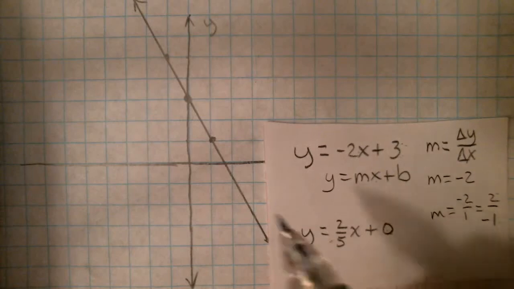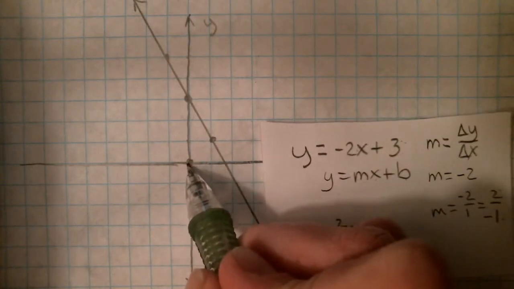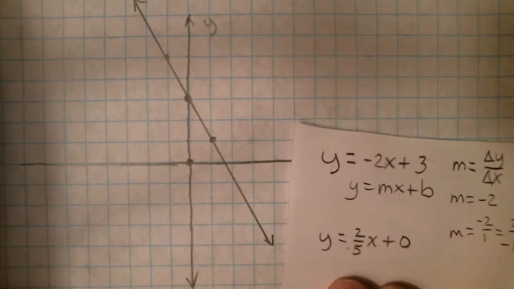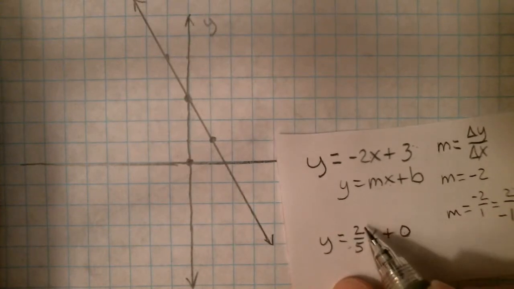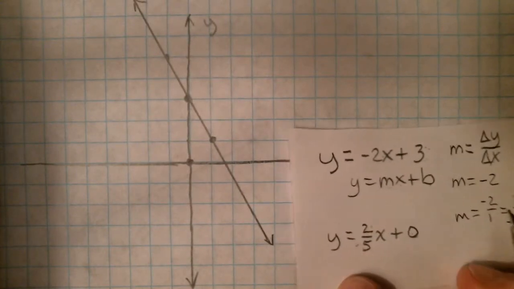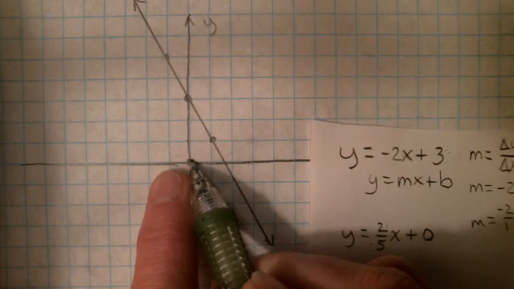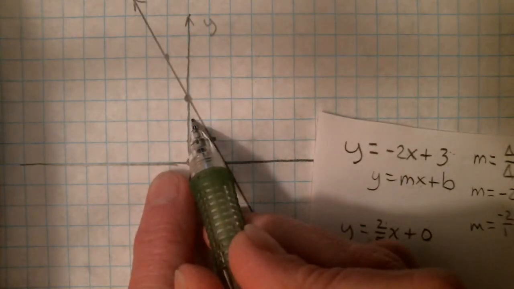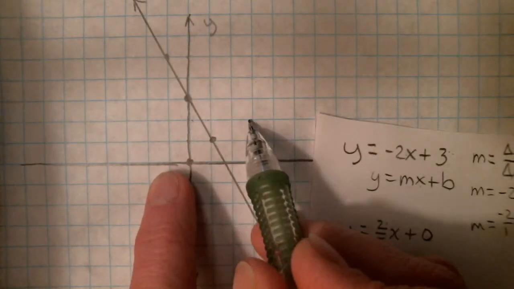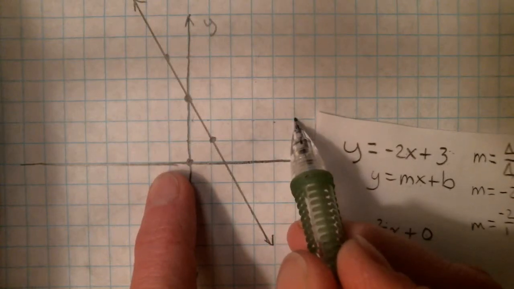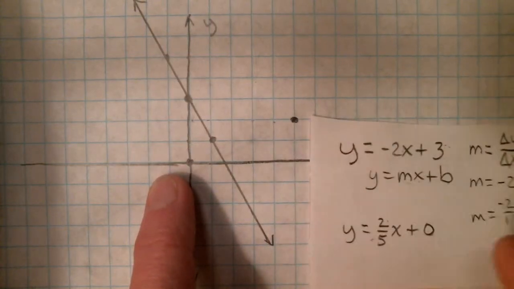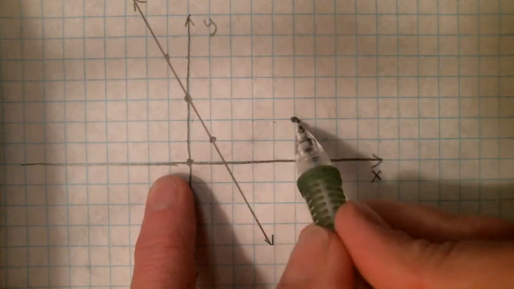So I'm going to start at 0, which is my origin. And then I'm going to use my slope, which is 2/5, to get my next point. So I start at the origin, and I go up 2 and to the right 5. 1, 2, 3, 4, 5, and I've found my next point. So up 2 and to the right 5.